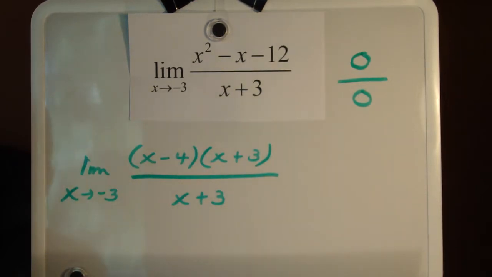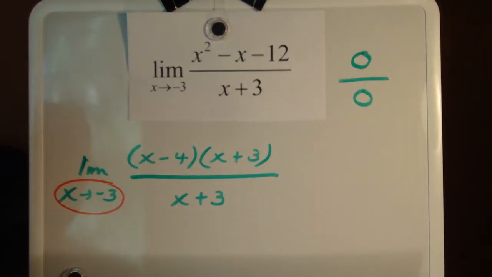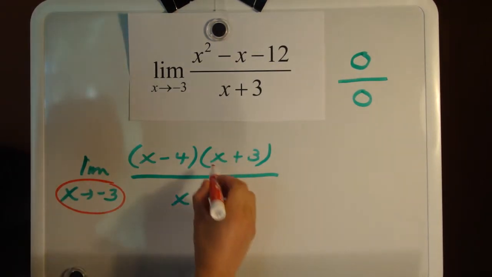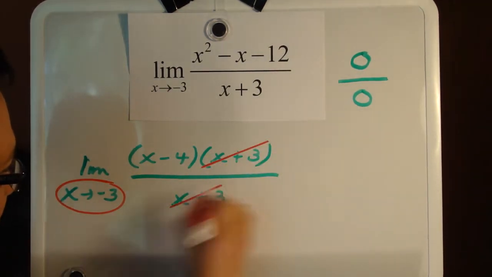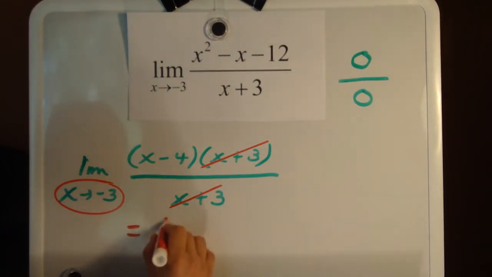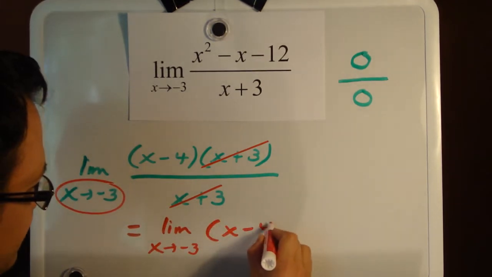And so the thing to look out for now is you'll see a common factor of x plus 3. And notice here that x is approaching -3. So because x is never equal to -3, it's valid to cancel out these factors, right? So we can remove these, and so we're just looking at this function here. So this becomes the limit as x approaches -3 of x minus 4.